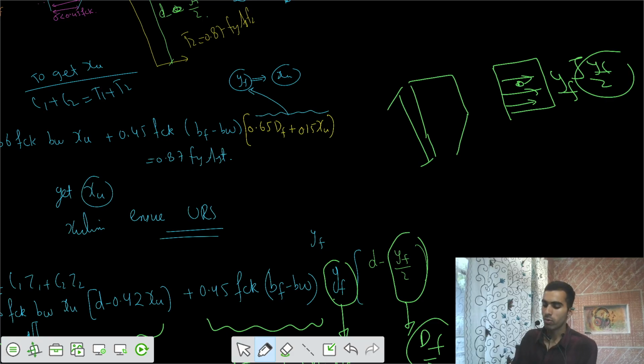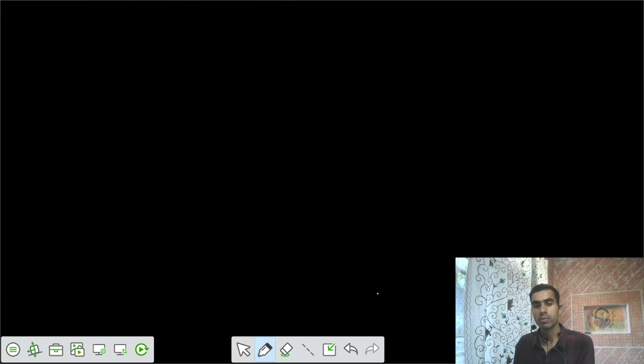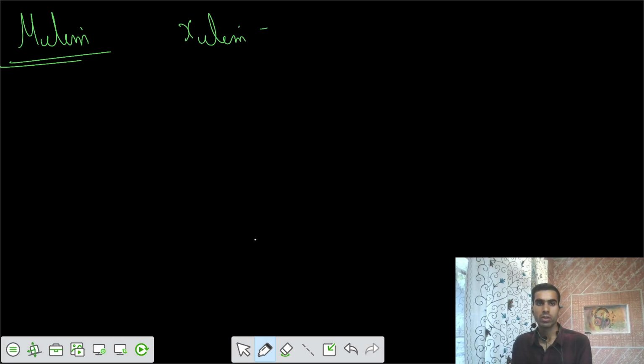And one more final touch is the calculation of limiting moment of resistance, Mu limiting. Let's say that XU limiting equals, do you know what is the value of XU limiting?